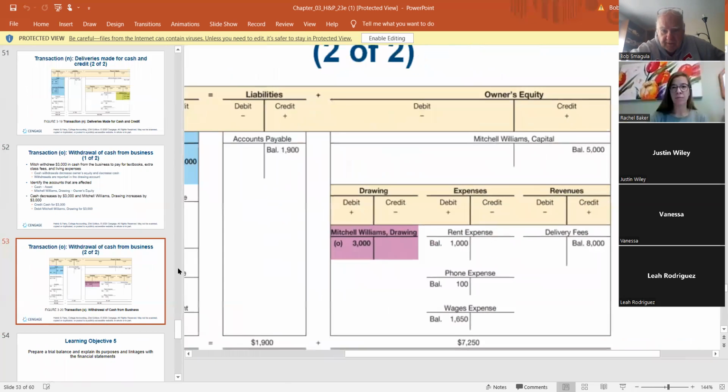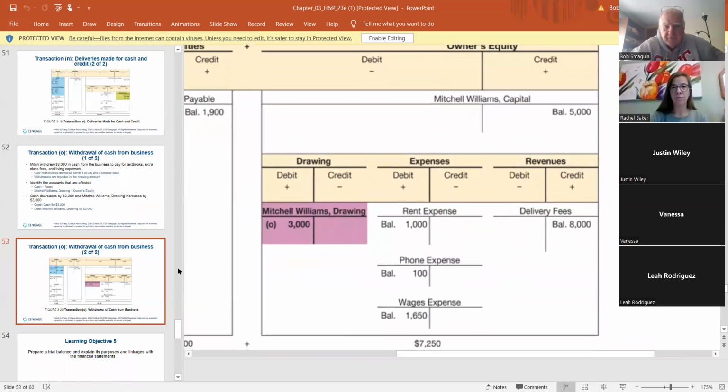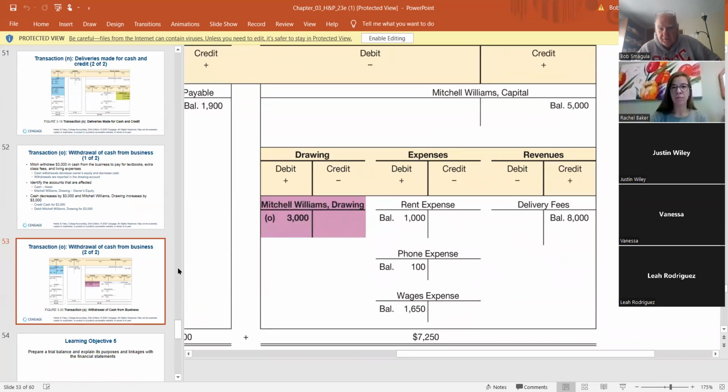So I'd like you to take a little bit of a look at this section over here now. We started off with an investment of $5,000 to get the business going. And then this company brought in various revenues and it brought in various expenses.